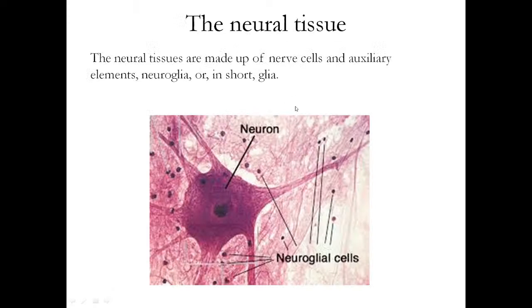Next, neural tissue. The neural tissue is made up of nerve cells and auxiliary elements, neuroglia, or in short glia.